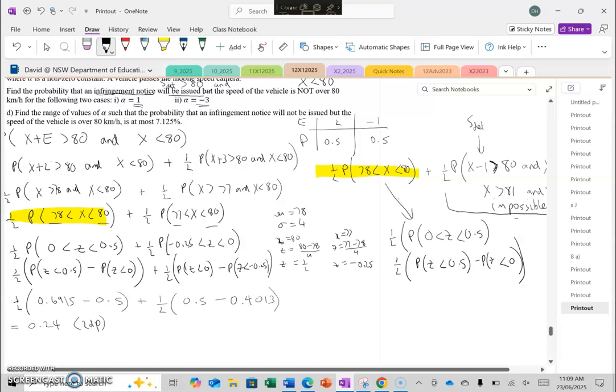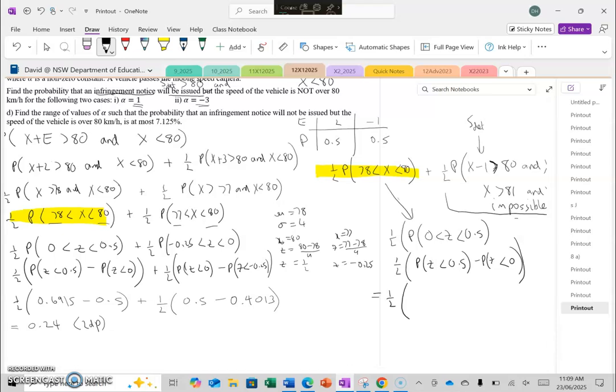Okay, and then we can sub in the values we've already got from the previous part. So it's going to be 0.6915 minus 0.5. And when I did that in my calculator, I got 0.09575, which is 9.6% to 1 decimal place. Okay, so that was the answer for the second part.